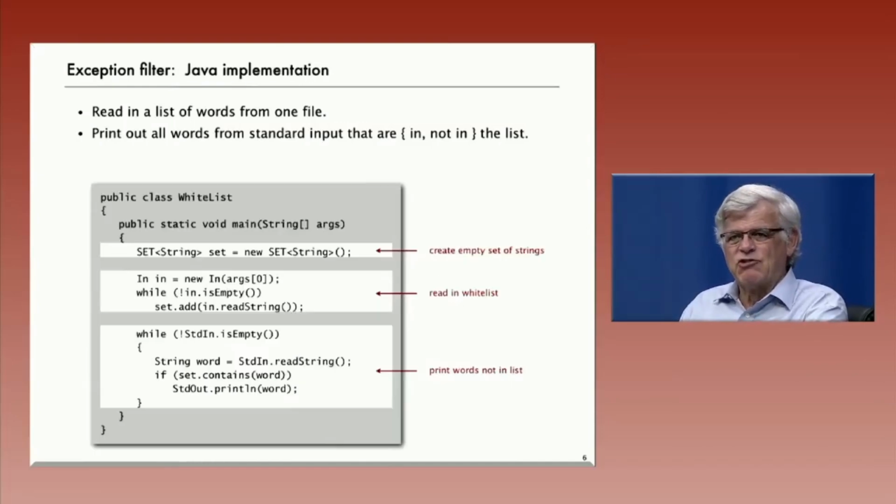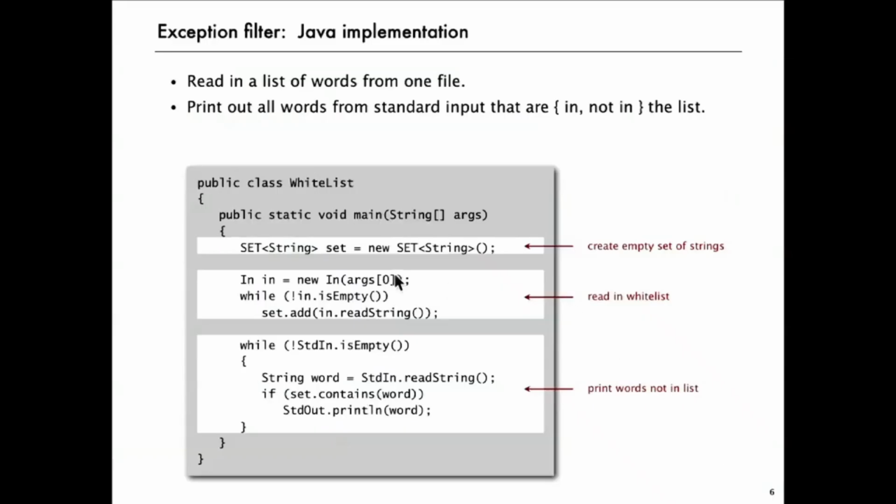What's the implementation of an exception filter? Here's a simple one using the set API that we just articulated. We start by creating an empty set of strings. Since we don't have associated values, we just have the one generic for strings. Then create a new input stream from the first argument, the name of the file that contains the exceptional words.